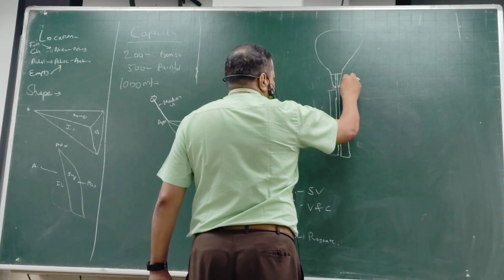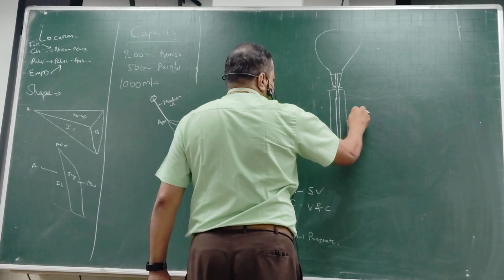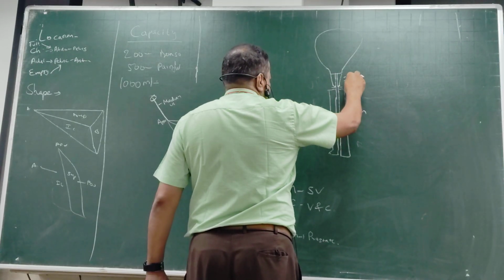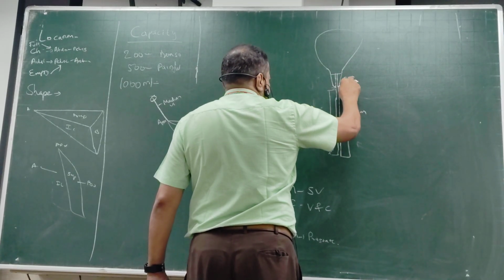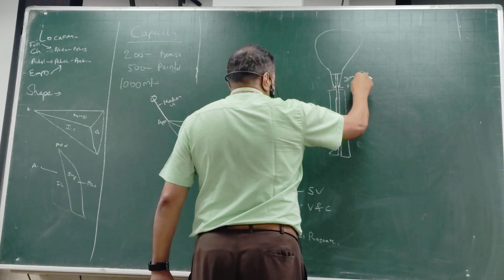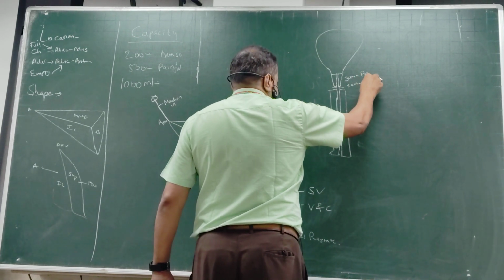In males, the urethra is 15 centimeters: the penile urethra is 15 centimeters, 3 centimeters is prostatic urethra, and 1 centimeter is membranous urethra.